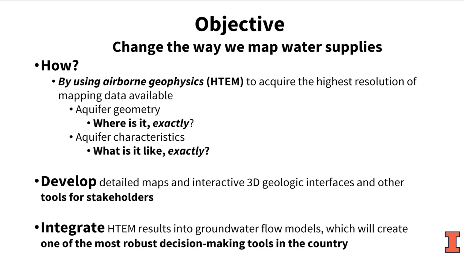What it's used for is to acquire the highest resolution of geophysical data that we can get. It's not physical borings, but geophysical data is one way that we can image the subsurface. And we use airborne because it's fast, relatively cheap, and high resolution.